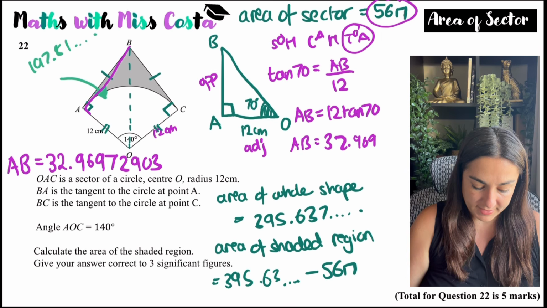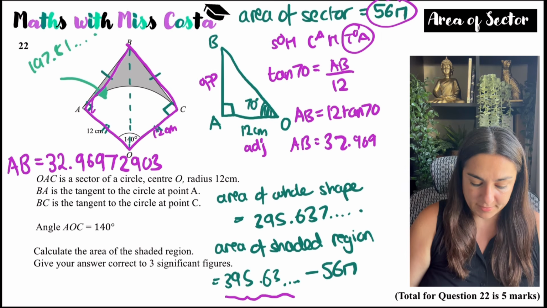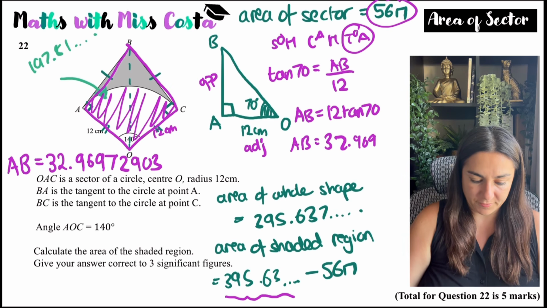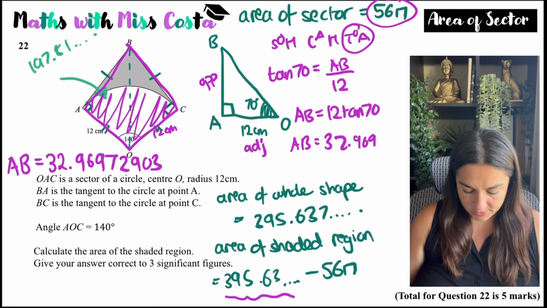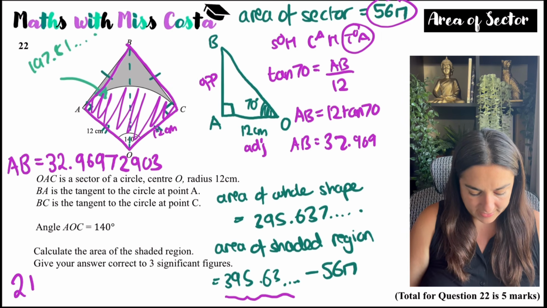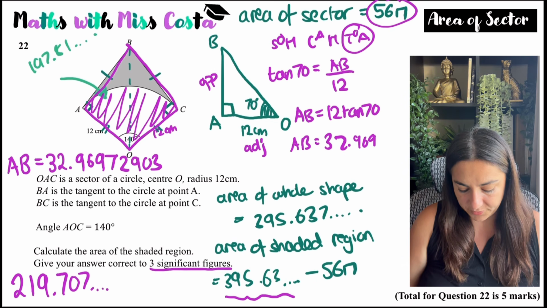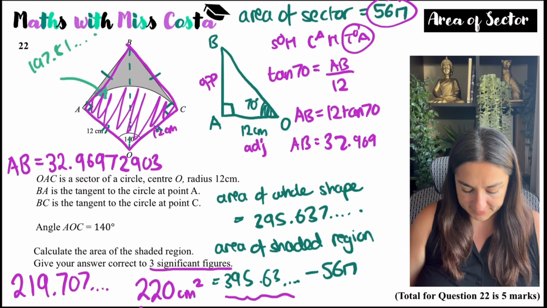So all of this shape is 395.63, and I'm subtracting 56 pi, which is that. So answer, take away 56 pi, gives me 219.707, blah, blah, blah. It's a 3 significant figure, so I'm going to say 220 centimeters squared. And that's your final answer.